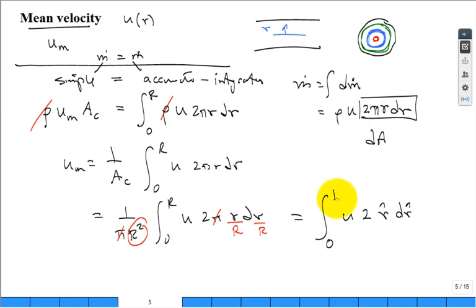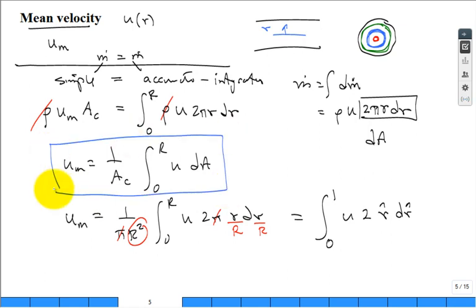Okay, so there's a couple different expressions for it. Maybe the best one, maybe I should have written it like this, is dA. This is a very good expression for the mean velocity, right?